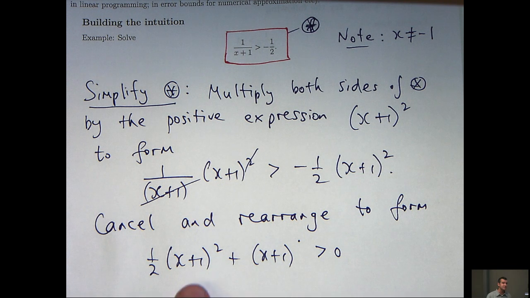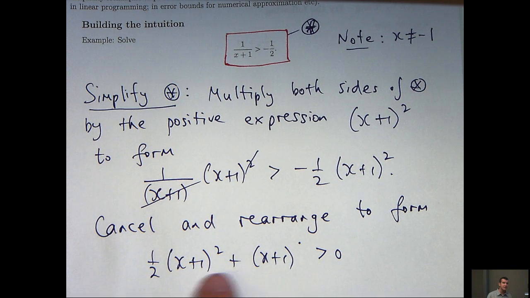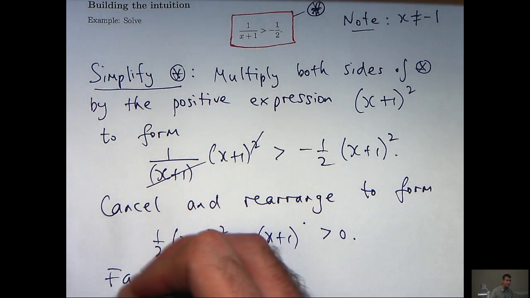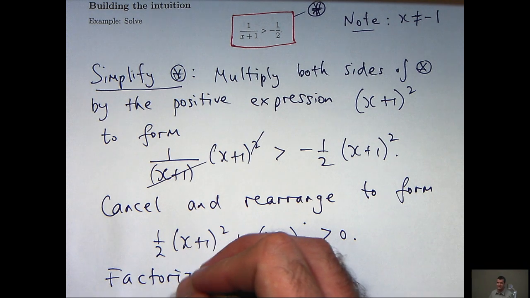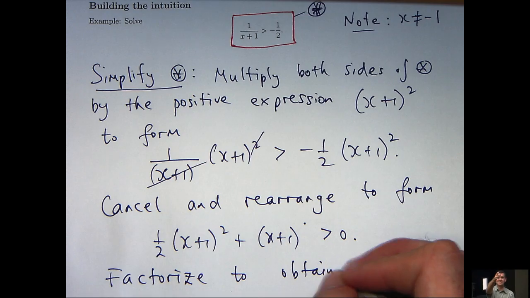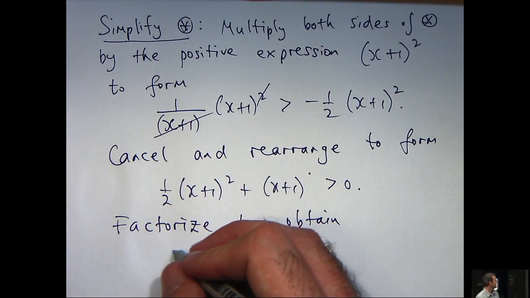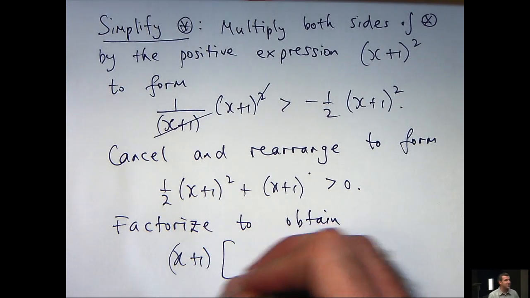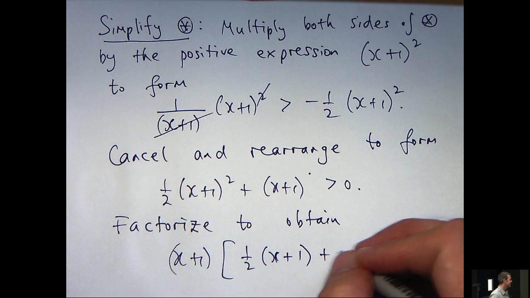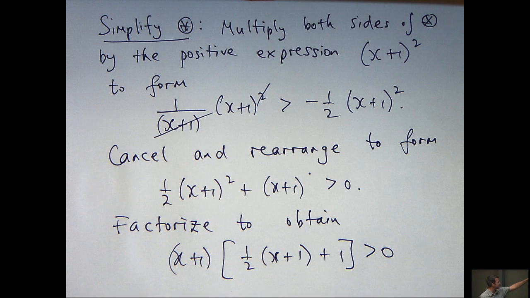Okay, right, so now we can still simplify this left-hand side. We've got a common factor of x plus 1, so let's take that out. Okay, so I'm going to take out a common factor of x plus 1, and I'm left with this.